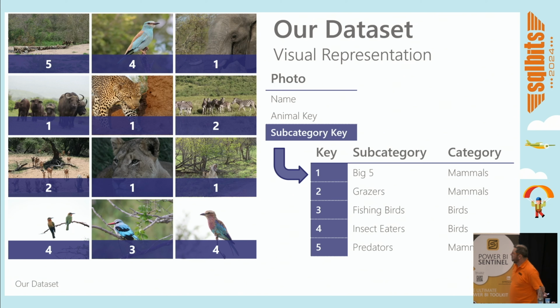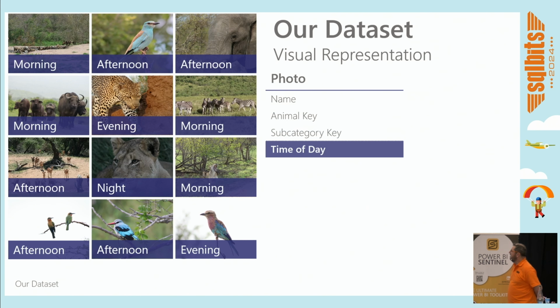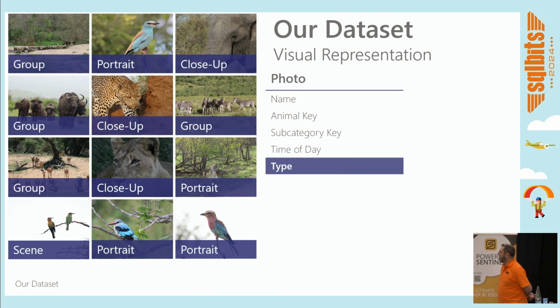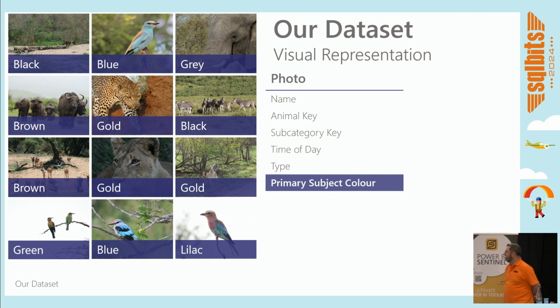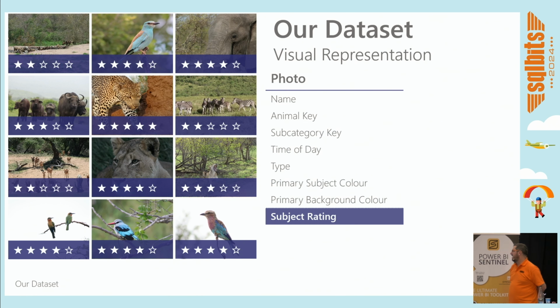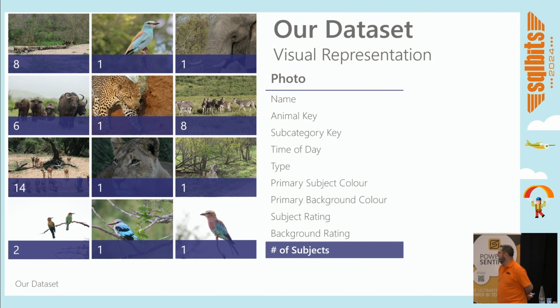I need that to show you relationships a bit later. When did I take the photograph? What kind of photograph is it? Is it a portrait or a close-up or a group photograph? What is the background color? The ratings, and how many animals are in the photograph. It's a very basic data set, but for me, it works nicely for you to be able to see what's going on here if we know what it actually looks like.